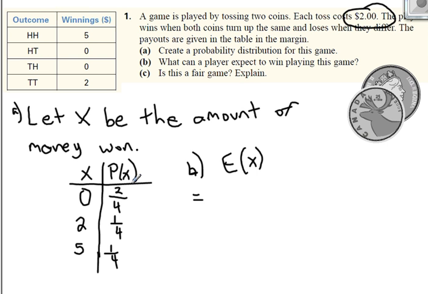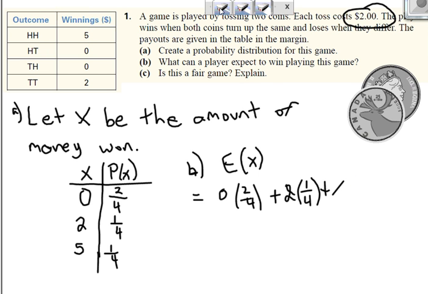So let's see. The formula is x1 times P(x1) plus x2 times P(x2), and so on. So I'm going to do 0 times 2 out of 4 plus 2 times 1 out of 4 plus 5. Oh, that couldn't be messier.